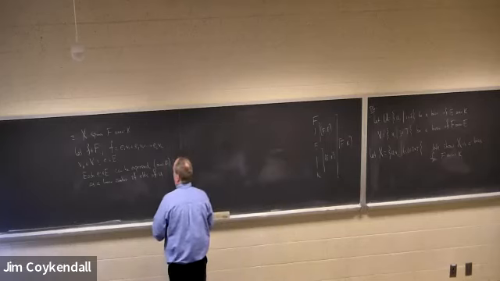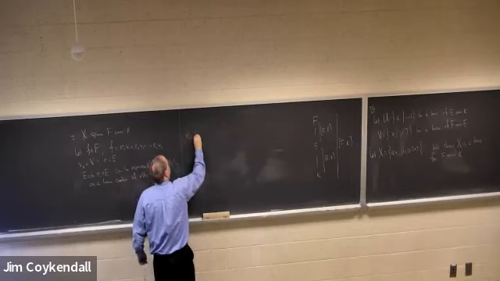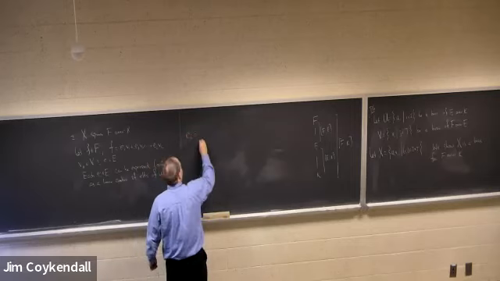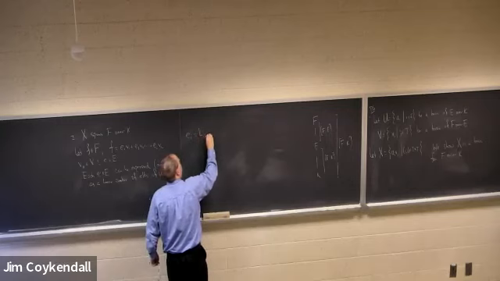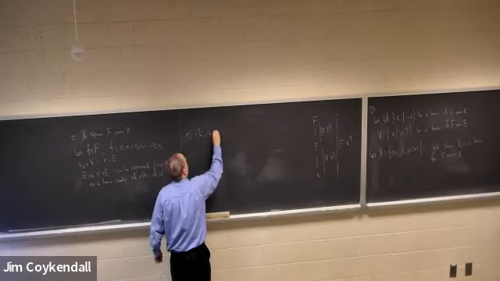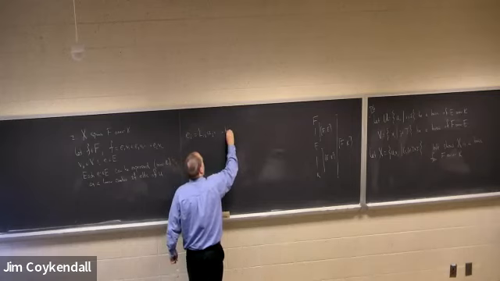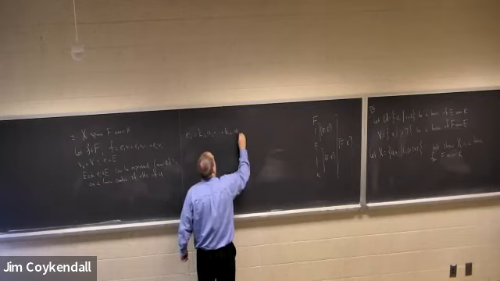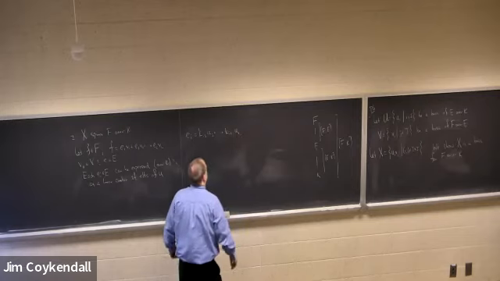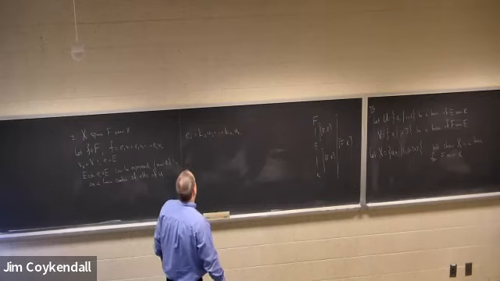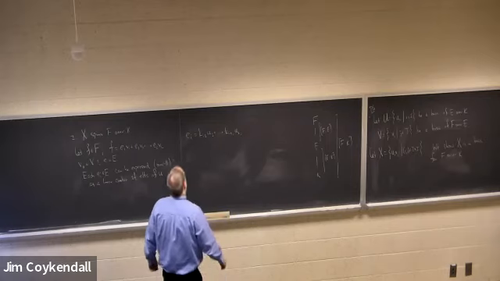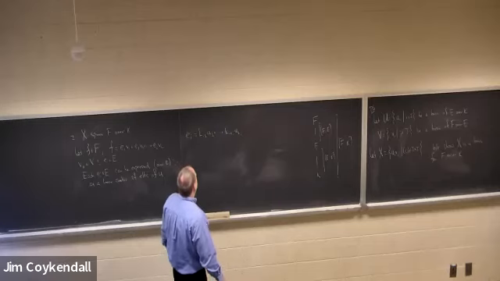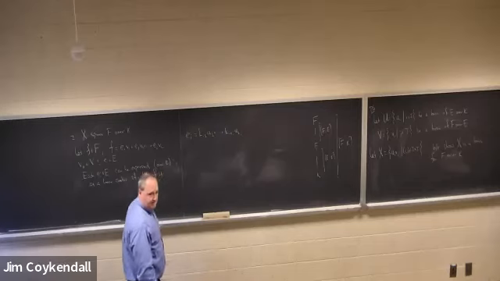Well, so we'll say that EI equals sum over K of the U's, each one. Right. Okay with that.